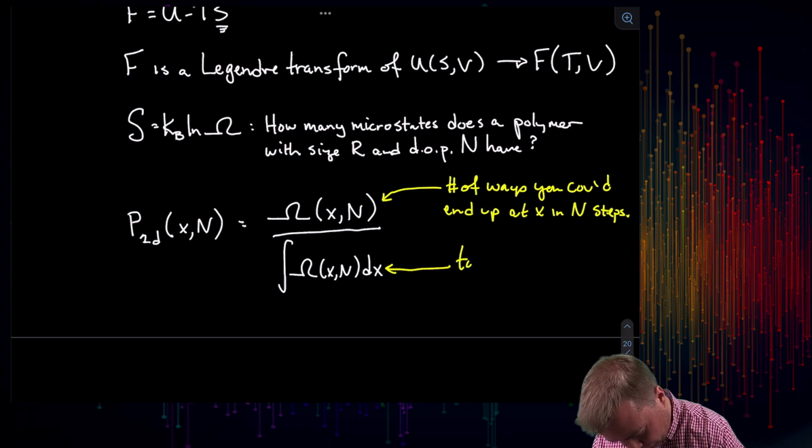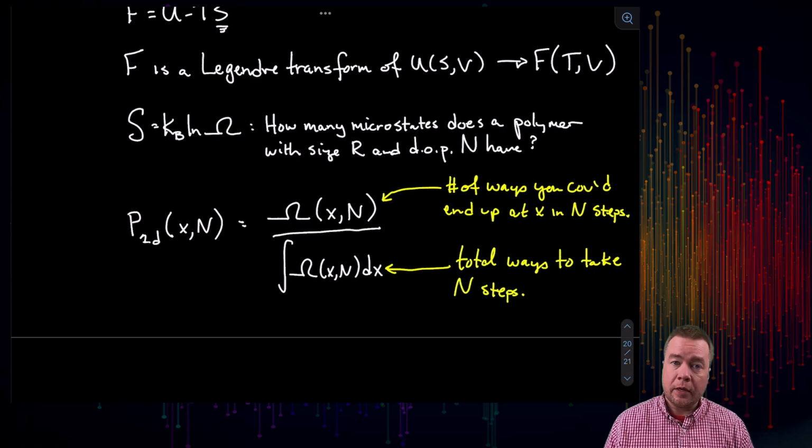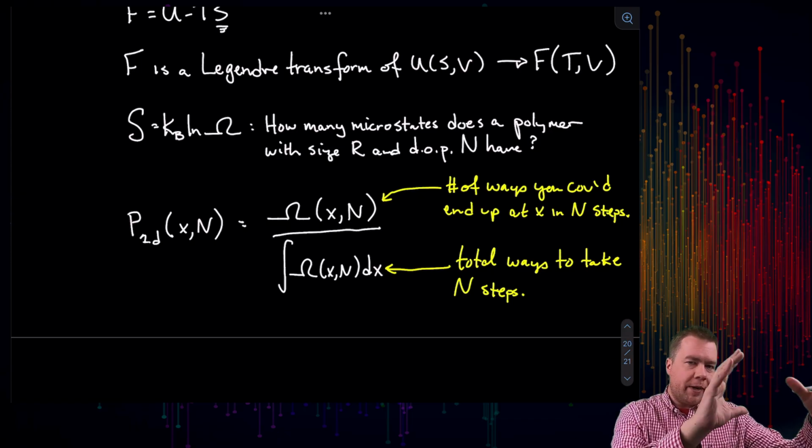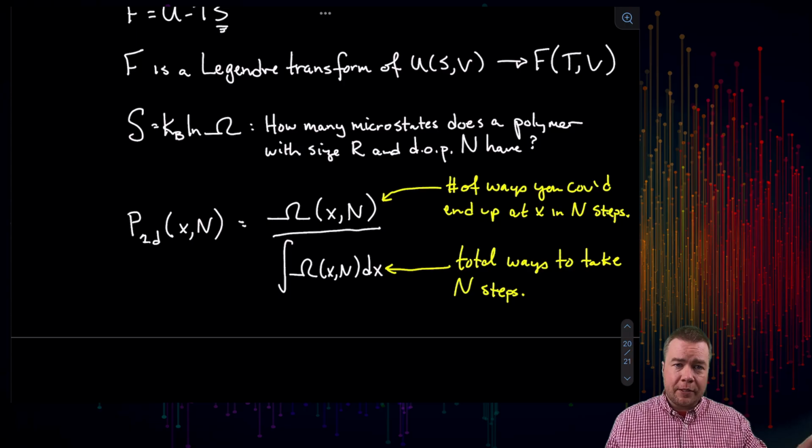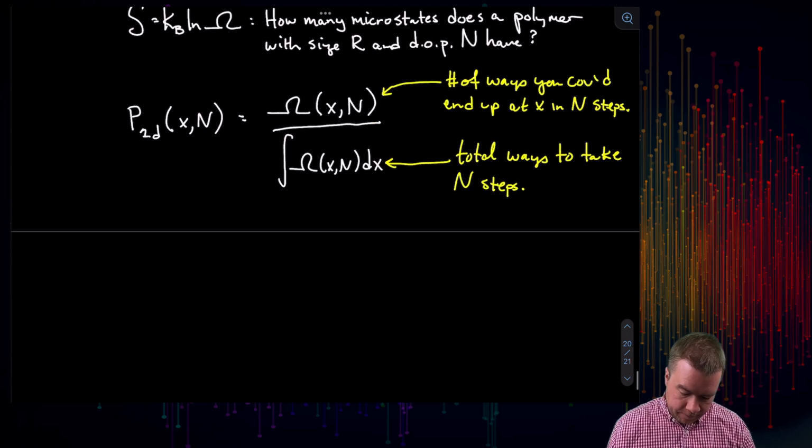And this is the total ways to take n steps. All right, and that gives you the probability of so many ways of getting to position x in n steps. And so if you divide that by the total number of ways that you can get to any position x in n steps, that gives you a probability.